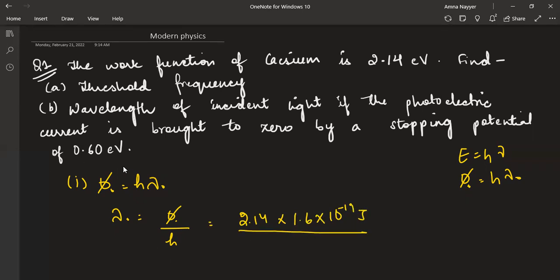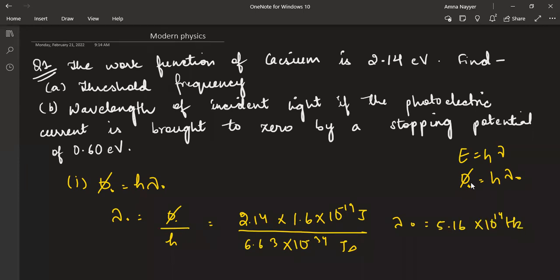Then Planck's constant we write as 6.63 into 10 to the power minus 34 joule second. Here you can see joules getting cancelled. Then the frequency value you will get is around 5.2 or 5.16 into 10 to the power 14 hertz. This will be the first part.